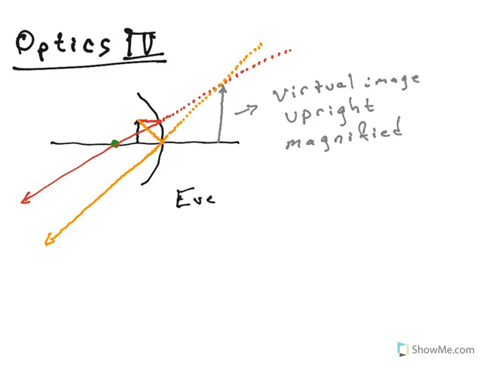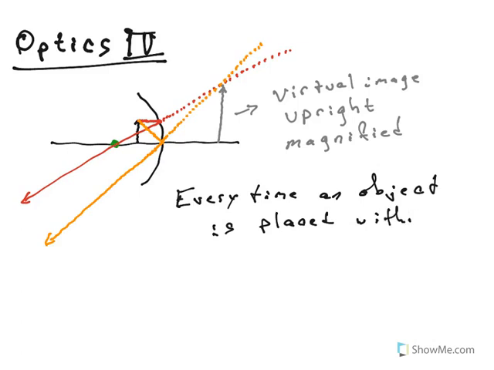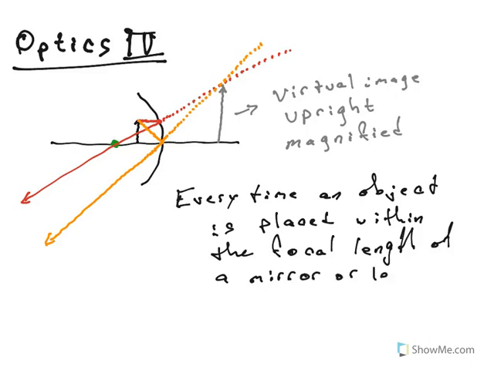Every time an object is placed within the focal length of a mirror or lens, as we will see in the future, you always get a virtual image.